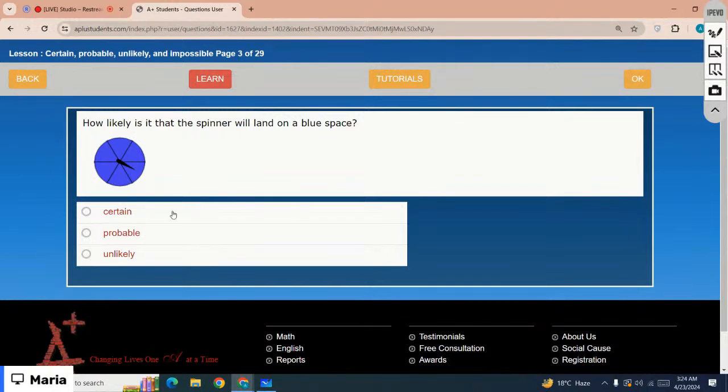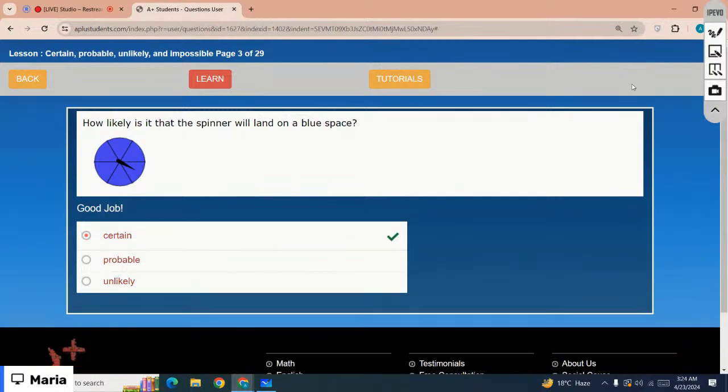Certainly it will land on blue, because all the portions are blue, so whenever you spin it, it will land on blue. Certainly it will land on blue, right?